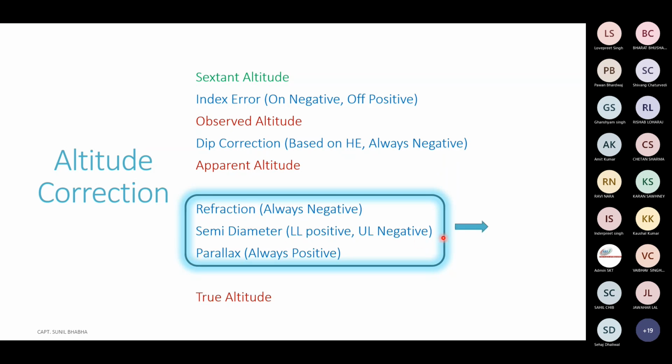So when you apply all these three corrections using a single correction, it is known as total correction. Now, total correction can be easily obtained from the almanac, and it consists of all these three corrections: refraction, semi-diameter, as well as parallax. So the total correction gives us a very quick and easy method to correct the altitude of a celestial body.